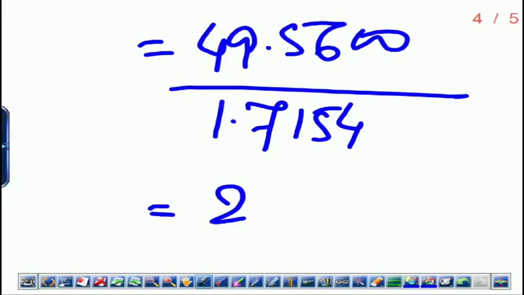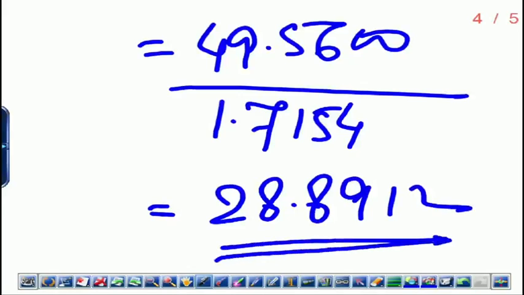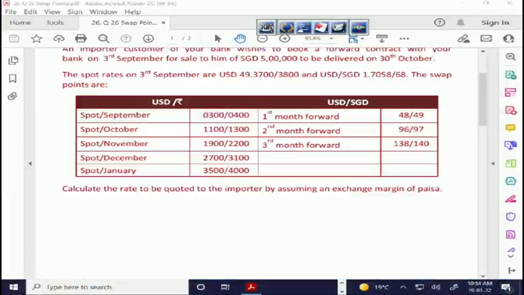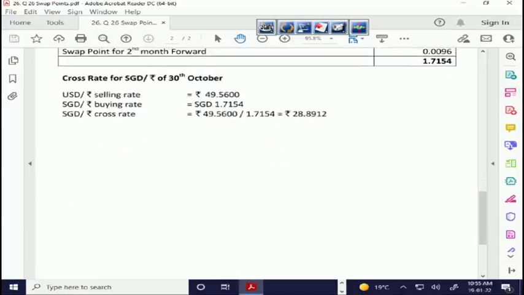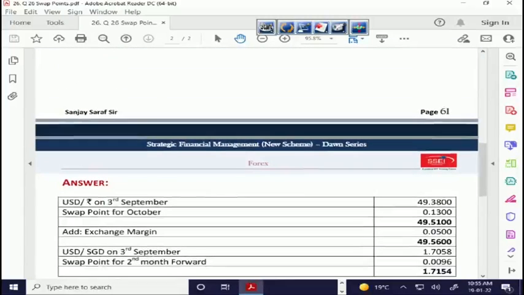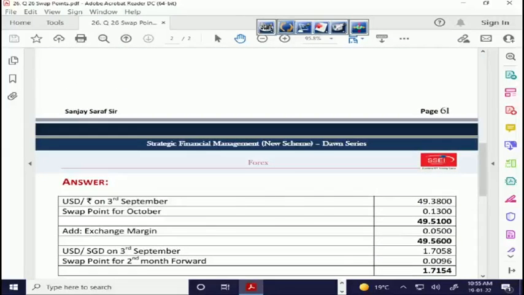We get 28.8912. So this rate should be quoted to the importer. He wants to buy SGD forward, he has to buy at this rate. This is rupee per SGD, the rate that should be quoted to the importer. Okay, let's check their answer. 28.8912. Perfect.